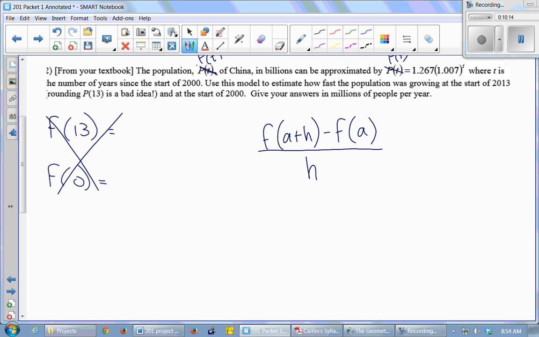Those are the points I'm interested in. So I'm going to do f of 13 plus, what's a small value for h I could use? 0.01, yeah, 1 is a little bit big. Maybe 0.01 or 0.001, something like that.